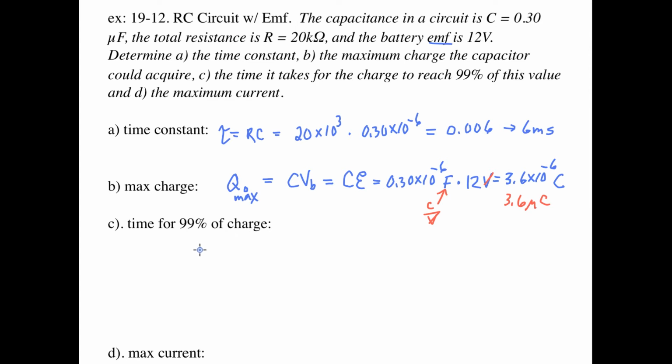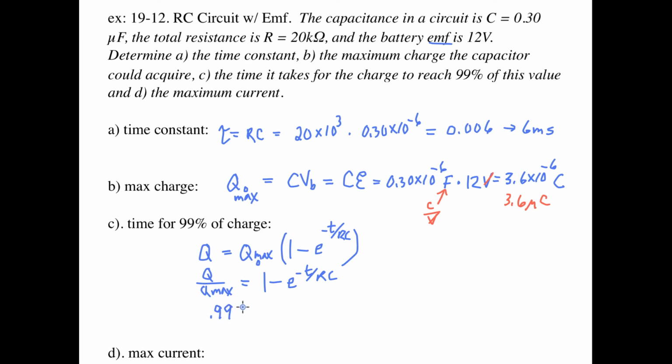How about the time for 99%? Let's write our whole charge formula. Q equals Q max, or Q0, times 1 minus e to the negative t over RC. If we want 99%, we want a comparison of Q to Q max, so I'll bring this over and put Q over Q max equals 0.99.